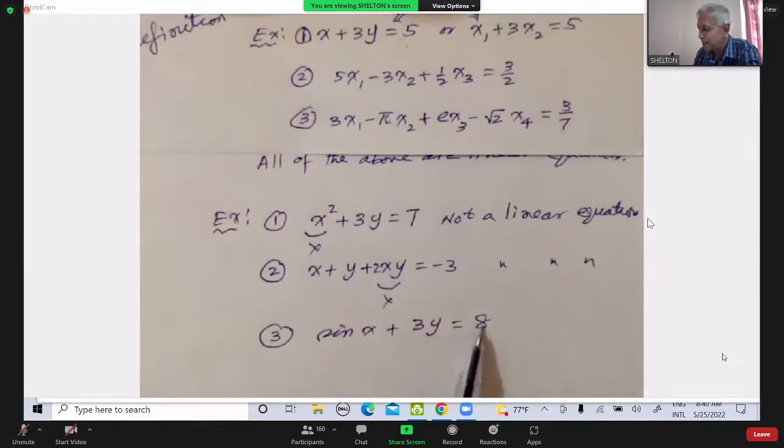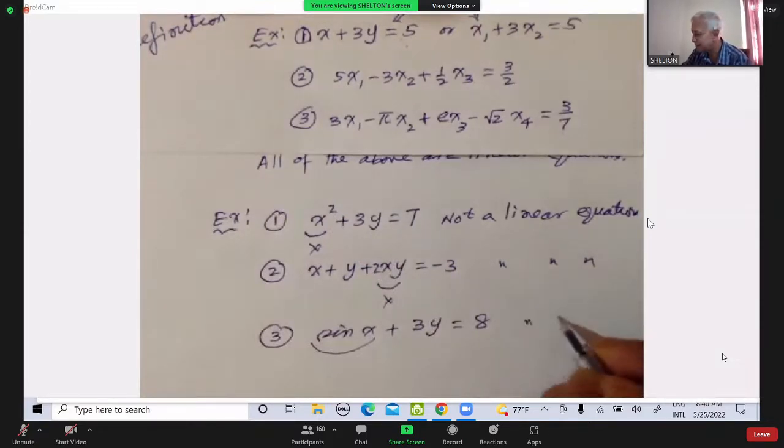You cannot have anything other than a constant times the variable. Sine, products, squares, nothing is allowed. This is bad. That is also not a linear equation.